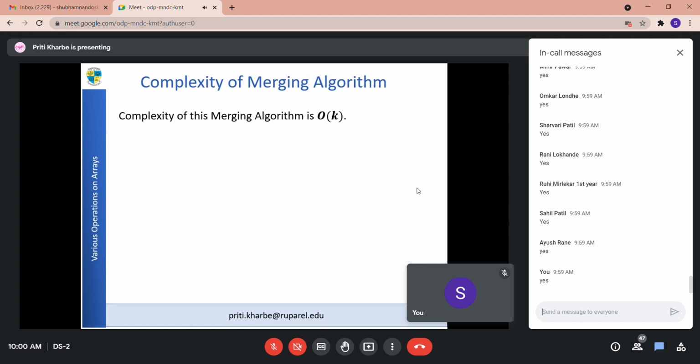What was the complexity of linear search? Yes, Rashindra, right answer. O of n square. Complexity of linear search? O of n, right answer.